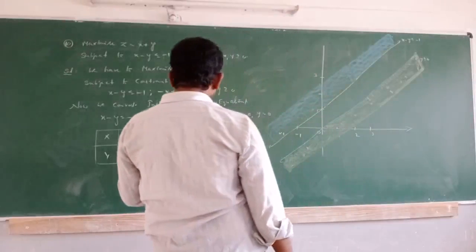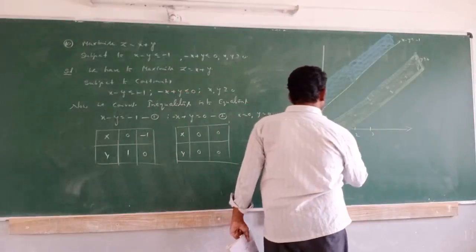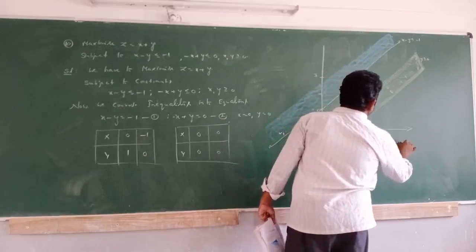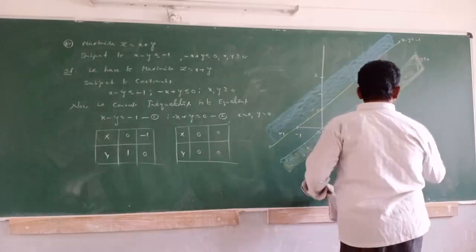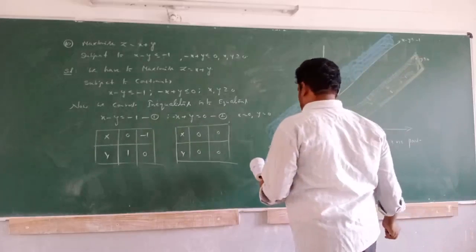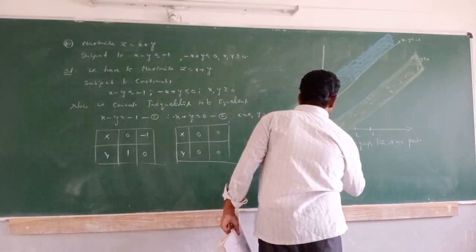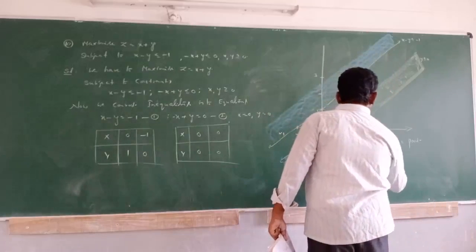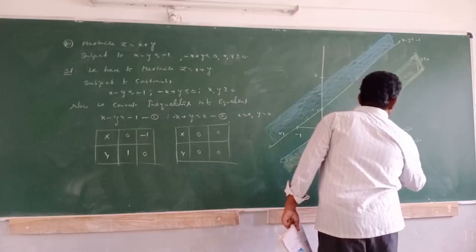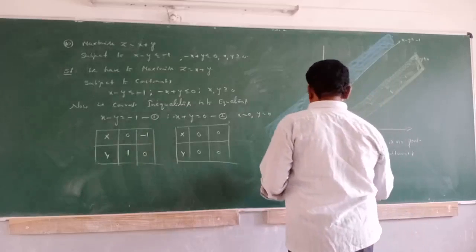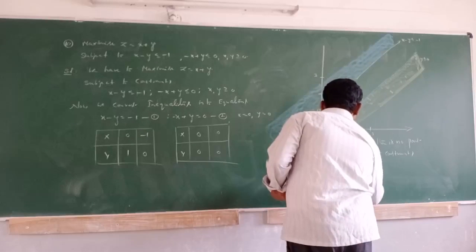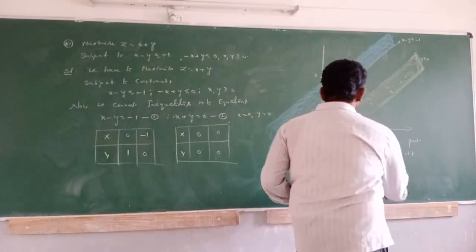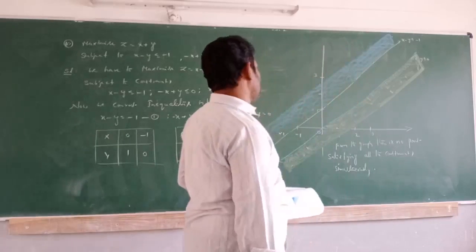From the graph, there is no point satisfying all the constraints simultaneously.